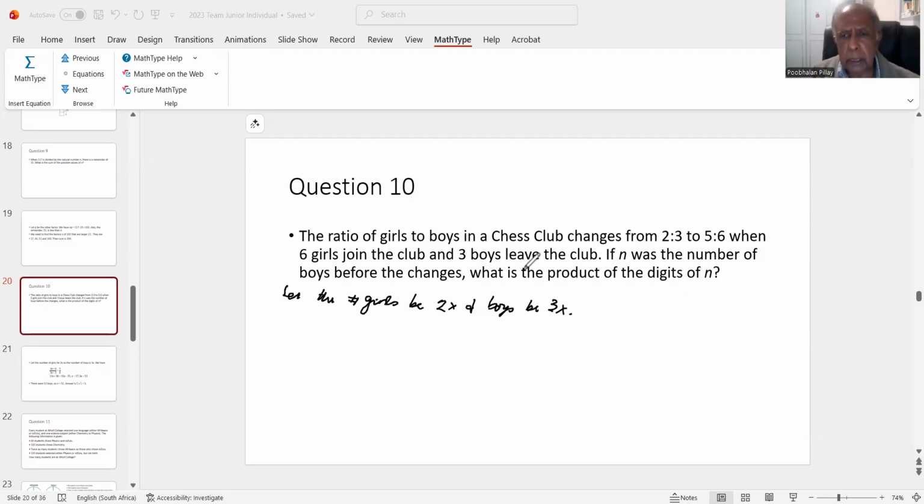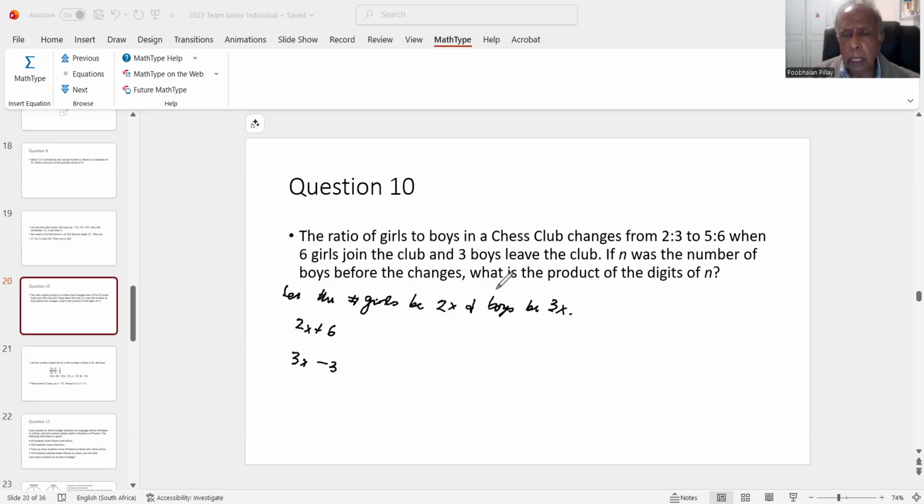6 girls join the club. So that means the number of girls has now become 2x plus 6. And 3 boys leave the club. So you had originally 3x, and then when 3 left, you got 3x minus 3.